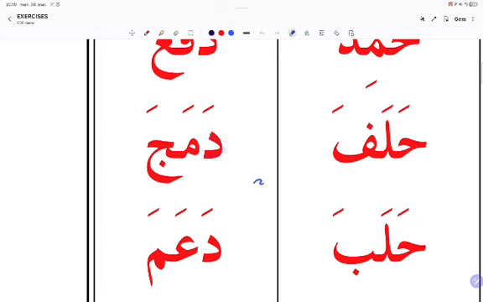Why is it standing alone? Because of the 6 letters rule. It cannot be connected from the left: alif, dal, dhal, ra, zai, wow. Good. Dal, fatha, da. Meem, fatha, ma. Jim, fatha, ja. Da, ma, ja.